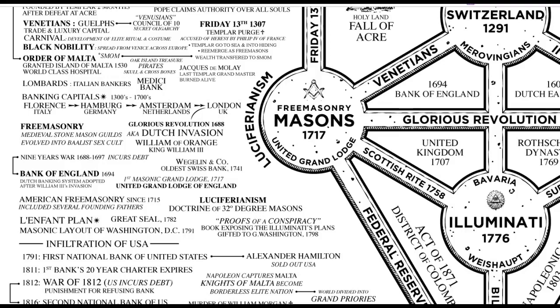And within Freemasonry, they claim to be the descendants of the Templars. So theoretically, some of these Templars who didn't get burned at the stake went underground into hiding and then came back as the Masons when the Freemasons became a thing after 1717, or maybe even before that. They were part of the lodges.